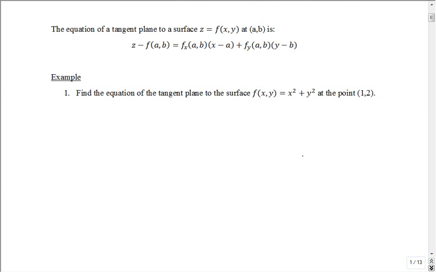Find the equation of the tangent plane to the surface f of xy equals x squared plus y squared at the point (1, 2). So you have to find the first partials at (1, 2). So let's find fx. Fx is just 2x. And so fx at (1, 2) means you're going to substitute 1 for x and you get 2.